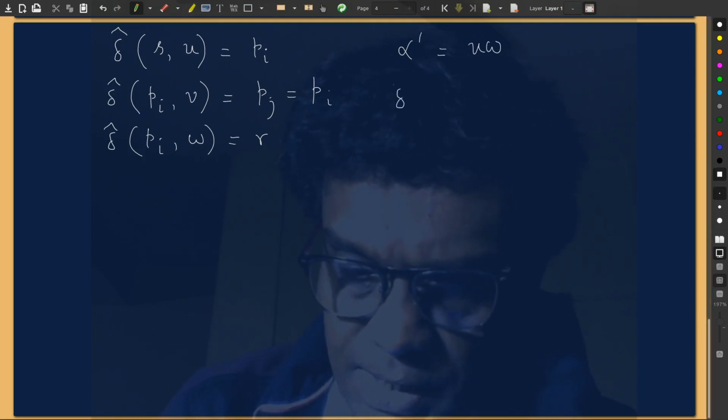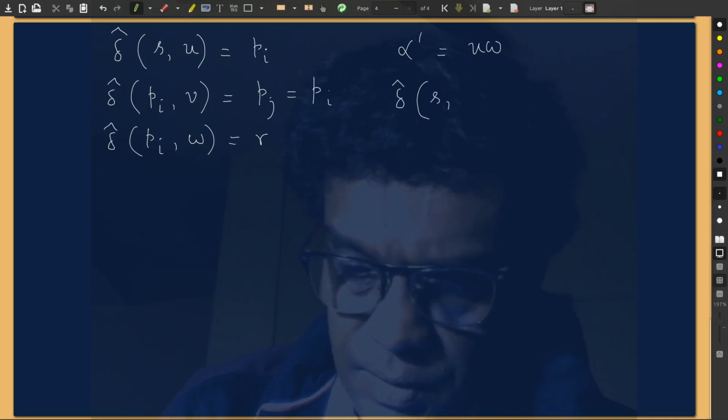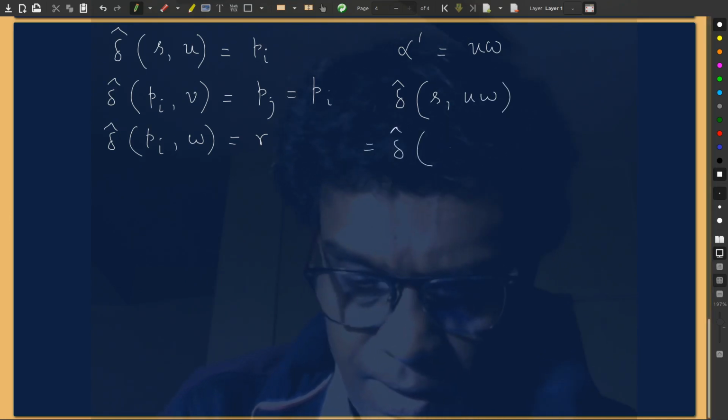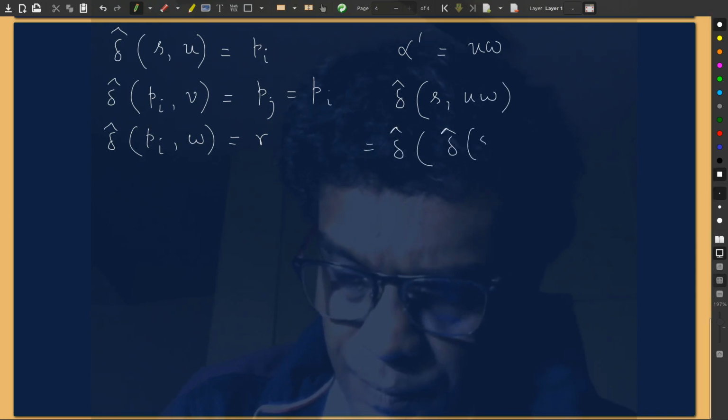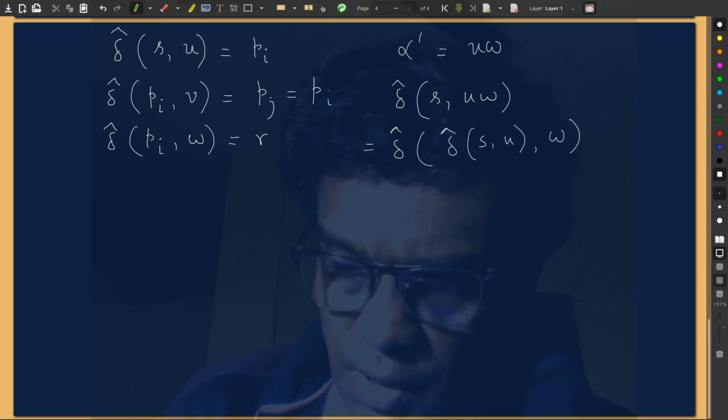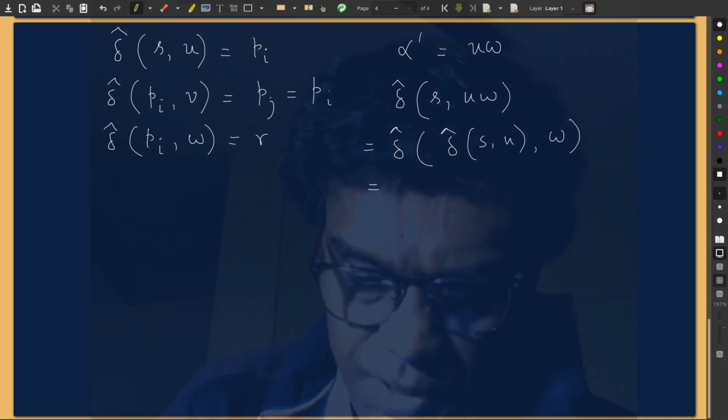And what is delta hat of S, UW? By definition, this is the same as delta hat of SU W. But what is delta hat of SU? This is PI.